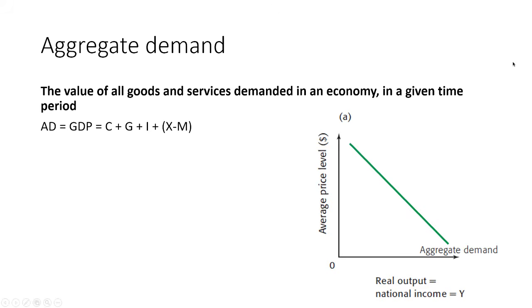This is shown by a downward sloping curve. Aggregate demand is shown here, or you can use AD on the exams, and then on the y-axis you have average price level, and on the x-axis you have national income or real output. You may also write real GDP.